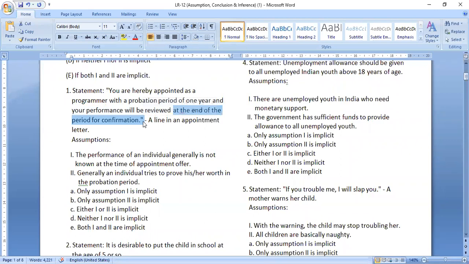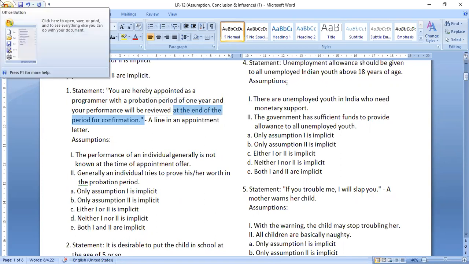So, what does that mean? It means that the person becomes a permanent employee of the company once his probationary period is over and the company is satisfied with his or her performance. So it is understood that an individual generally tries to prove his or her worth, right?